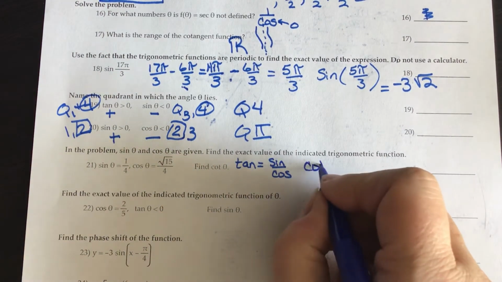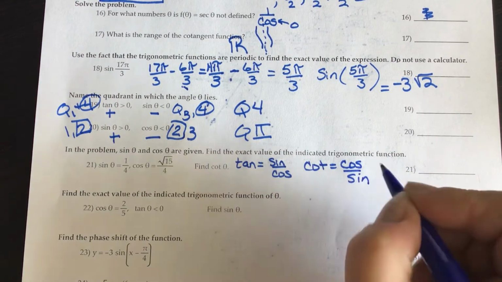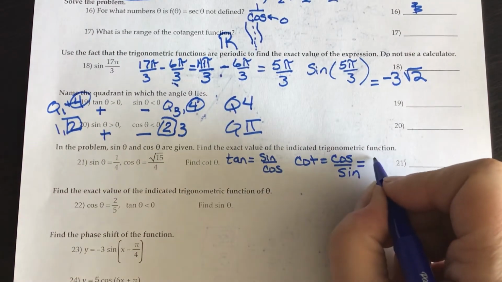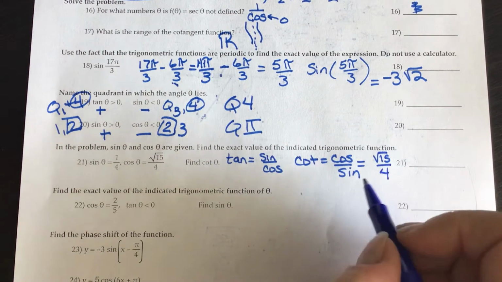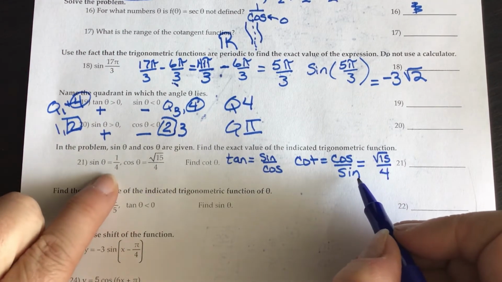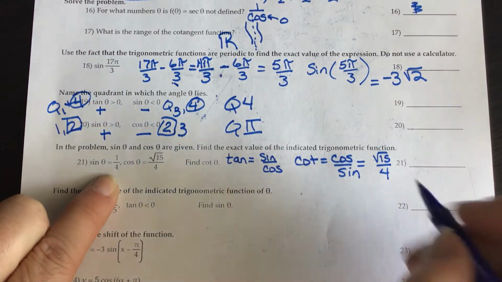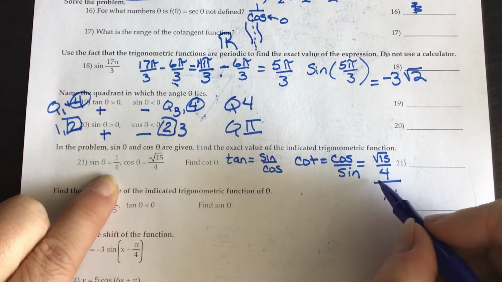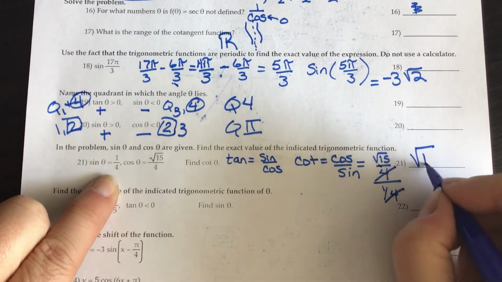So cotangent is cosine over sine. So cosine is the square root of 15 over 4, and sine is 1 over 4. So if I multiply by the reciprocal, or I can do this, the 4's will cancel, so I'm left with the square root of 15.